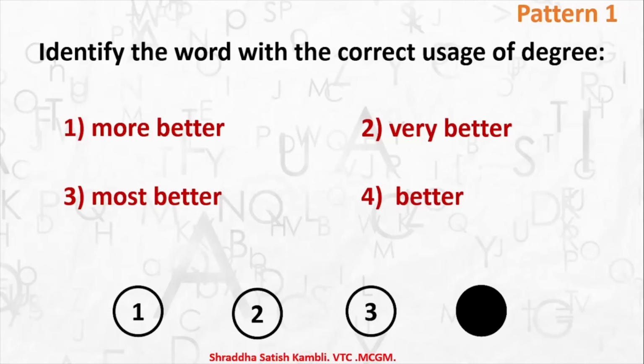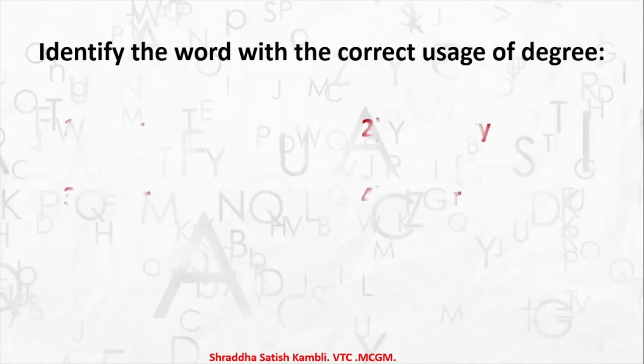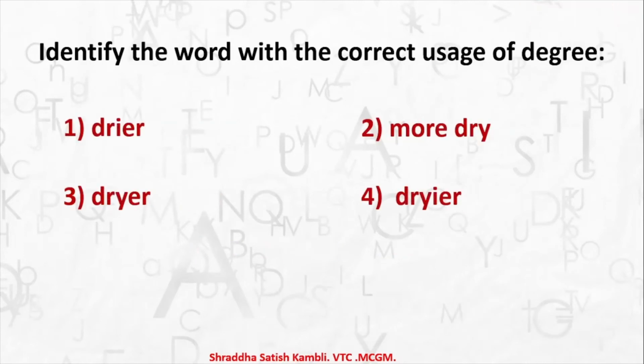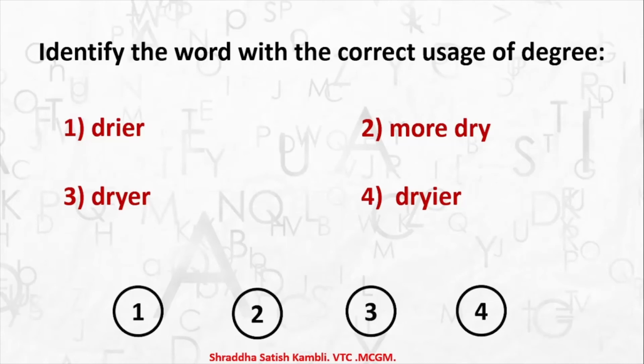Let's take a look at the example sentence here. So it is, Tom is getting better. That is, his health is becoming better. Okay, coming to the next example. Drier, more dry, D-R-Y-E-R, drier, and D-R-Y-I-E-R, drier. So which one will be the correct one? Let's check out. Is it 1, 2, 3 or 4?